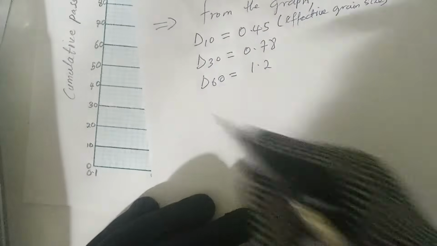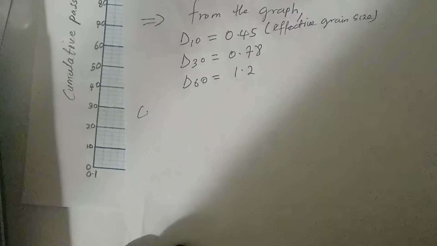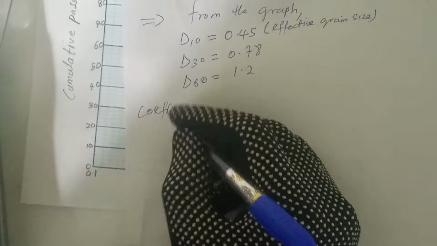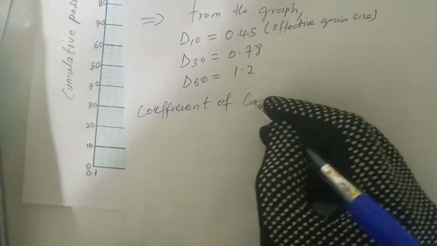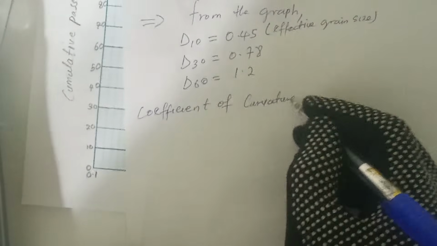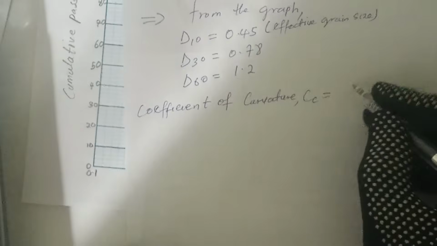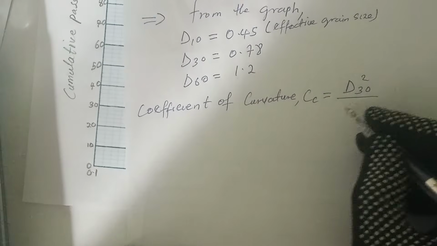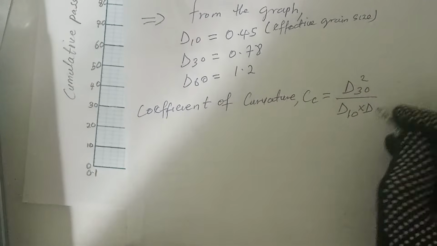Now let's find the coefficient of curvature. The coefficient of curvature, CC, equals D30 squared over D10 times D60.